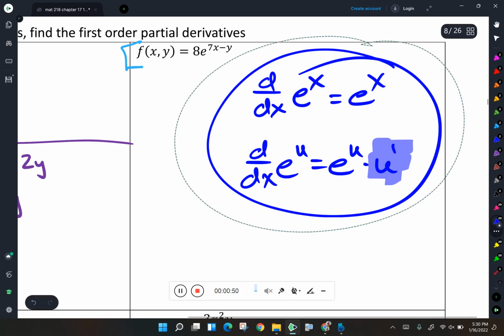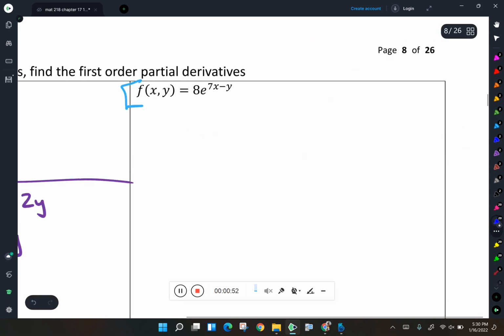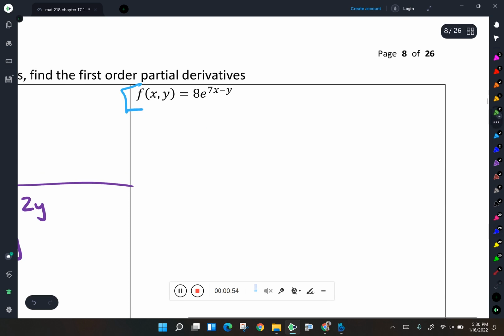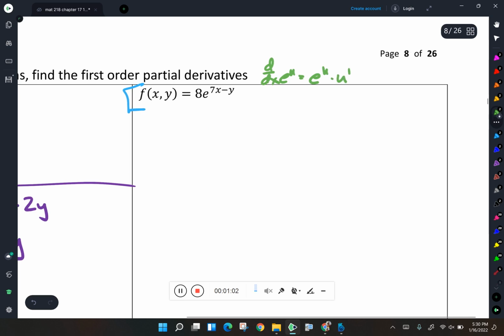All right, so I'm going to get rid of this here. Put the important part up here as a little note to myself, and go ahead and get started. The first order partial with respect to x is going to be e to the u. The 8's a constant, or coefficient, so it drags along.